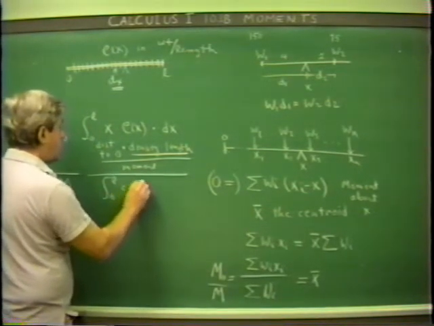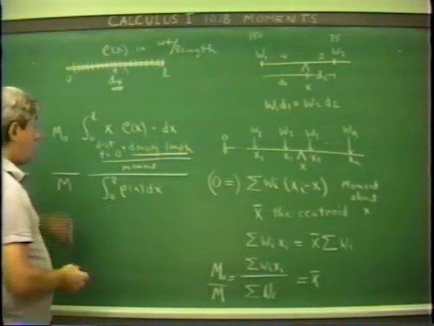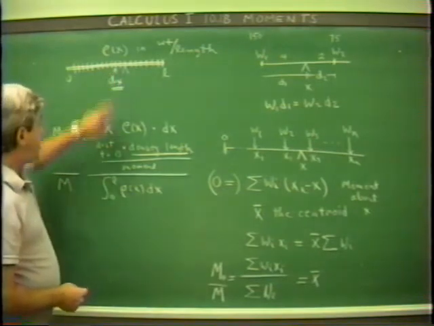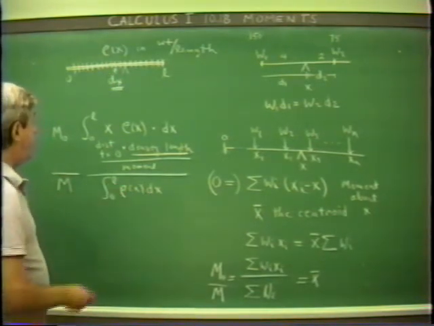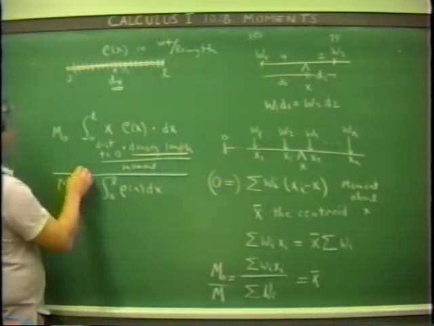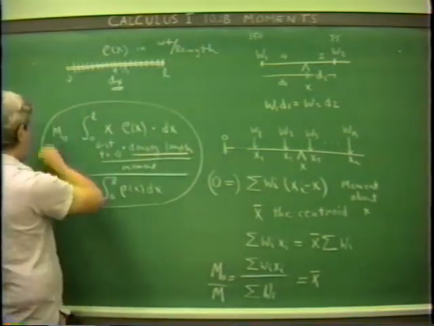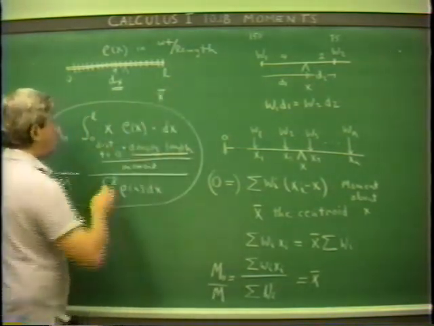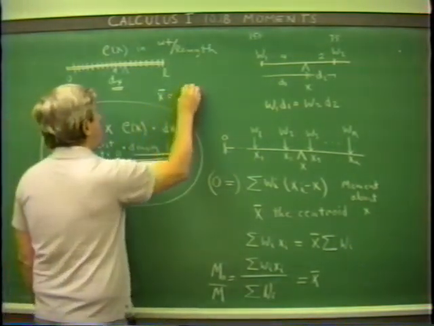You're going to want to divide this by the total mass, and that's going to be the integral from 0 to L of rho of x dx. Each little piece has weight rho of x dx. We want to add that up from 0 to L to get the total weight. And so this then gives us the quantity x bar right here.